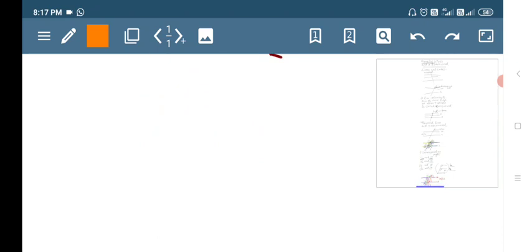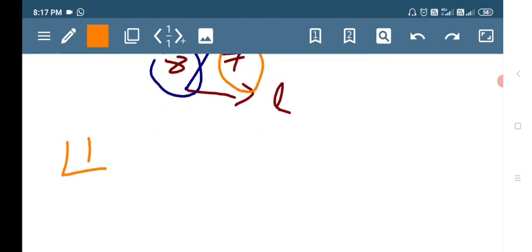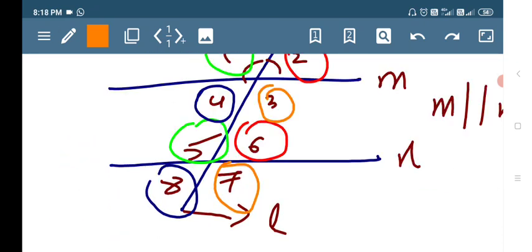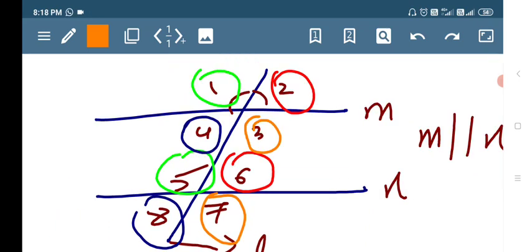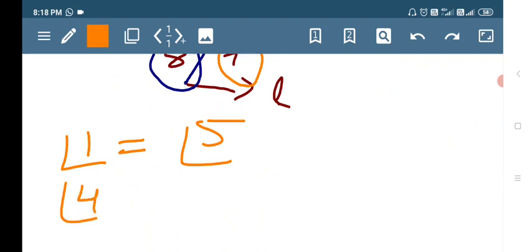These corresponding angles become equal. That means angle 1 is equal to its corresponding angle 5. Angle 4 is equal to angle 8.